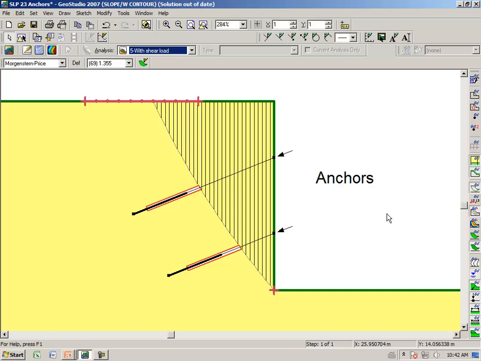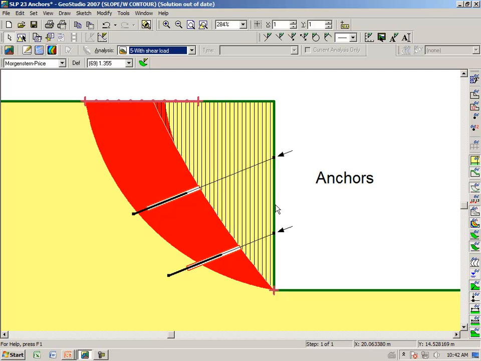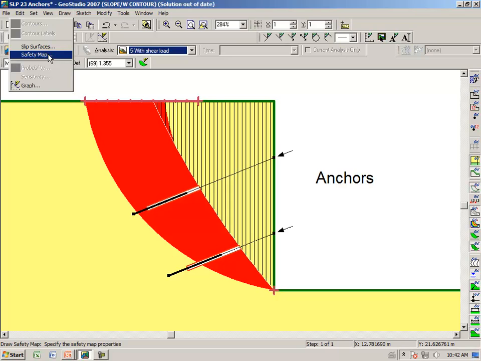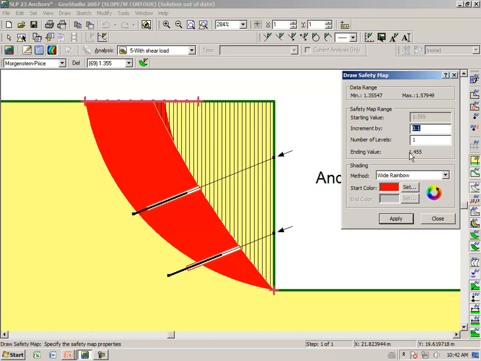There is one more issue I want to draw your attention to, and that is if we look at our safety map, we see we have a very wide red band. All of the slip surfaces that fall within this red band are between 1.35 and 1.45.